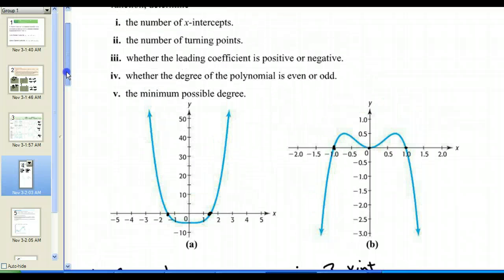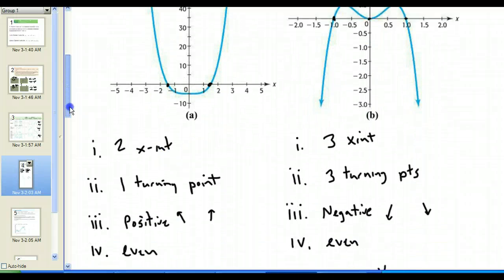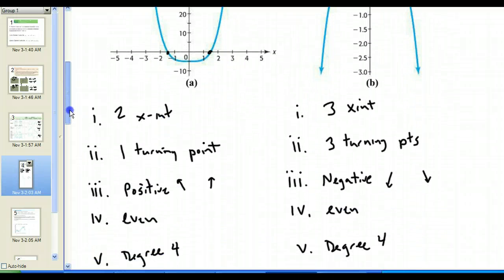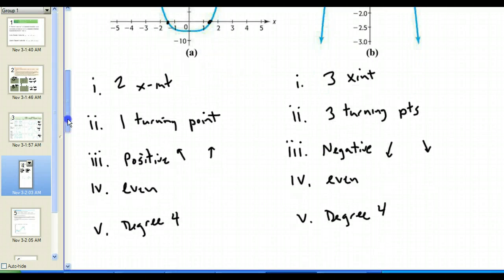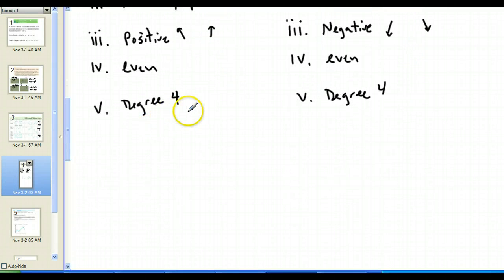Couldn't it possibly be degree 2? And my answer to that is, well, technically yes, it could be, but I'm looking at it right here. It flattens off almost completely, and a parabola will not do that. A pure parabola, meaning a quadratic, will not do that. When it gets to that vertex, it turns. It won't flatten off like this. So because of that, I say degree 4.